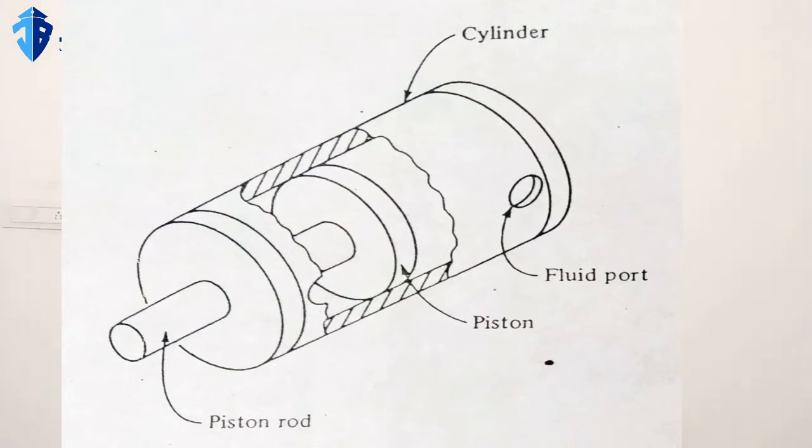That is the principle behind a single-ended, prismatic cylinder. If we use air instead of fluid, we call it pneumatic, and if we use fluid instead of air, we call it hydraulic.